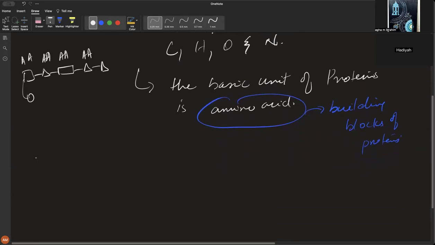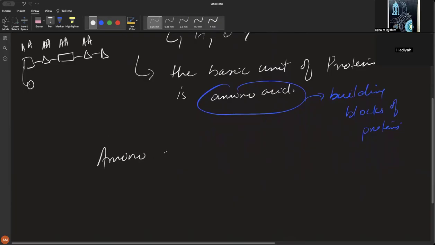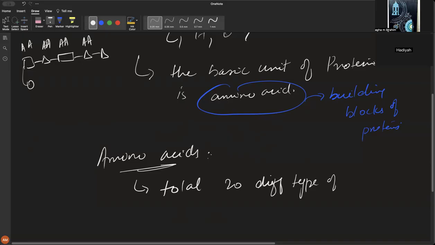When we talk about amino acids, there are a few things we have to keep in mind. We have in total 20 different types of amino acids. Can you imagine? There are only 20 different types of amino acids, and their combinations can make thousands and thousands and millions of proteins.